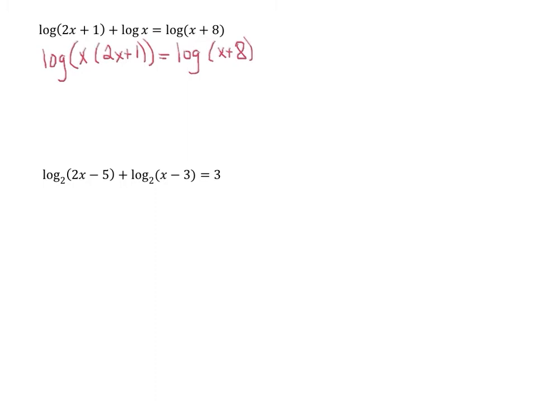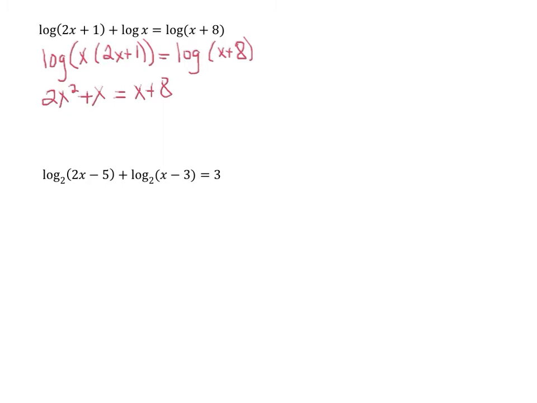What that means is that these terms then have to be equal to each other. So x will get distributed, and we'll have 2x squared plus x is equal to x plus 8.